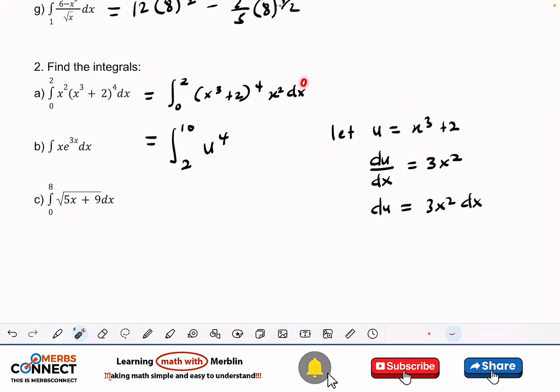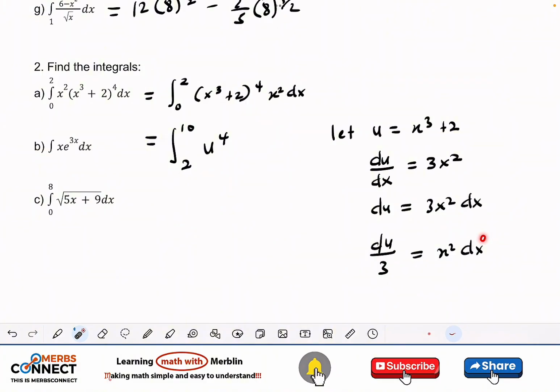Right. Now we can see that here is x squared dx, and here is 3x squared dx. So for us to get the x squared dx, we need to divide both sides by 3. So when I do that, I'm going to have du over 3 is equal to x squared dx.